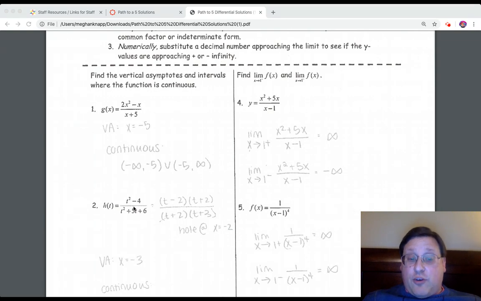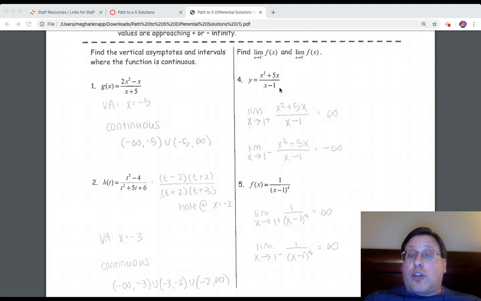Here, if you factor both sides, you guys see the t plus 2 in both top and bottom. So that's what you want to look for to tell you that there's a hole, and only -3 will be the vertical asymptote. When you start talking about limits for these things, you have to look at the one-sided limits.